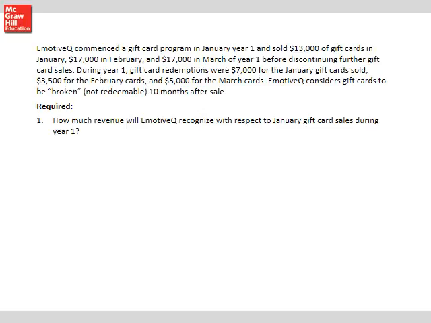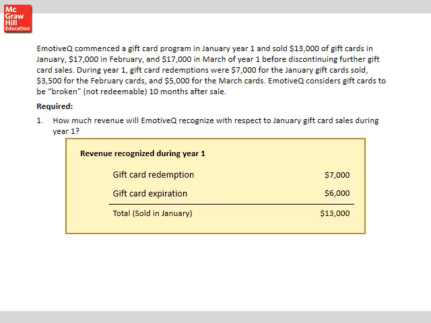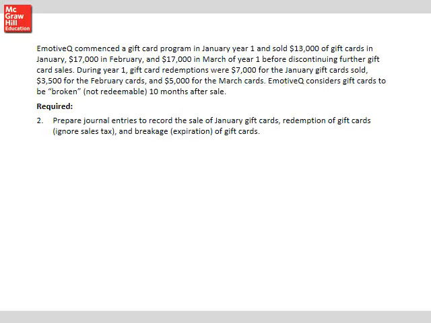So we're actually going to end up with all 13,000 being recognized as revenue. We had 7,000 worth of redemption and 6,000 worth of expiration, so we end up with a total of 13,000 that was revenue for the year. That's the total sold.